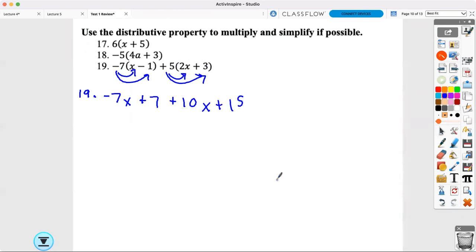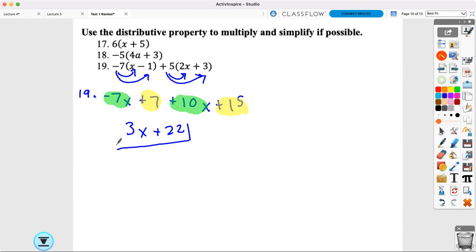Now that we distributed, how do we simplify? What can we do now? Combine like terms. Can anyone tell me which ones we can combine here? -7x and 10x, correct, which gives us 3x. And what are the other like terms you see? 7 and 15, and when you combine those, that gives you 22.